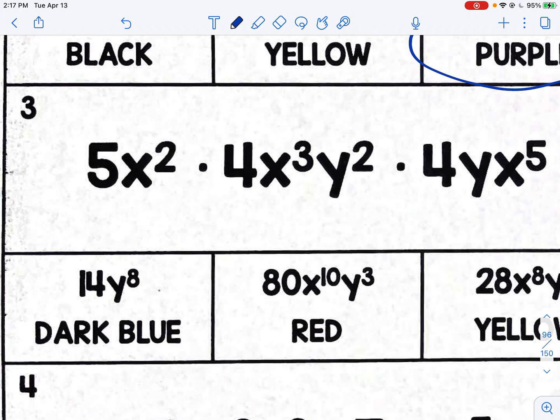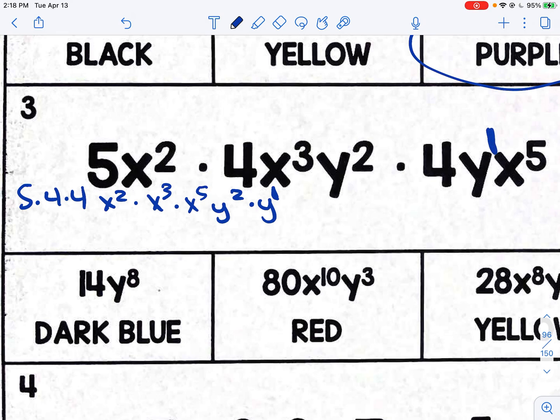Then here, I get 5 times 4 times 4. I get x squared times x to the 3rd times x to the 5th. I get y squared times y to the 1st, because that has a 1 in front or up above. So 5 times 4 times 4, it's going to get me 80. 2 plus 3 plus 5. 2 plus 1.